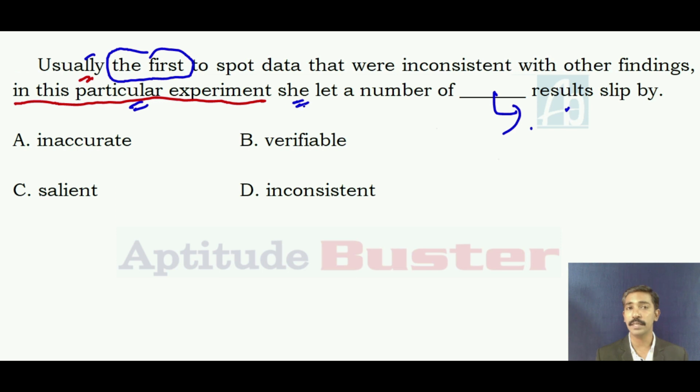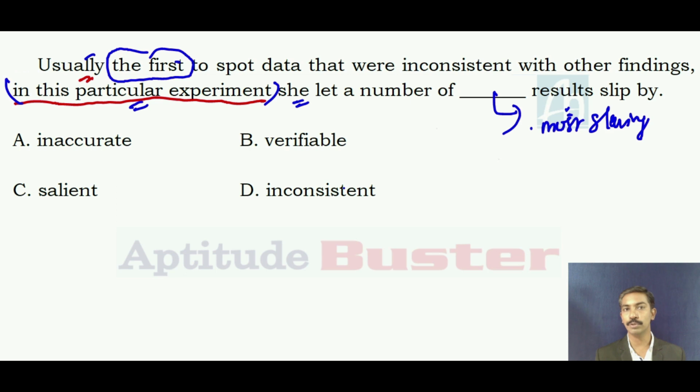Why do I say it's the most glaring mistake that she has done? Because this is in the superlative, the first, which means she let a number of even the most glaring results slip by. That is what this phrase does in the sentence.